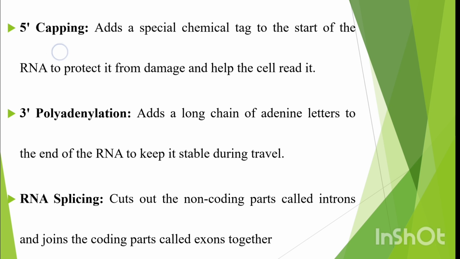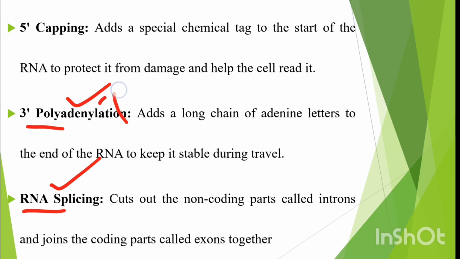So what are the processing or modifications? At first, 5' capping, 3' polyadenylation, and RNA splicing. These three important modifications take place after the pre-mRNA is formed by the process of transcription in eukaryotes.